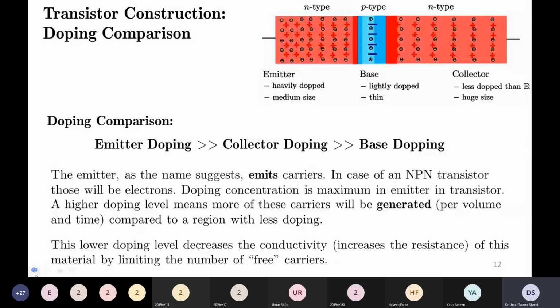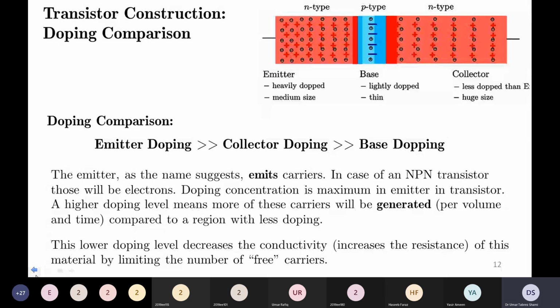The base has the least doping, therefore the base offers maximum resistance to the charge carriers. However, the collector has moderate doping. So if the emitter has maximum doping, the emitter will generate maximum majority carriers.